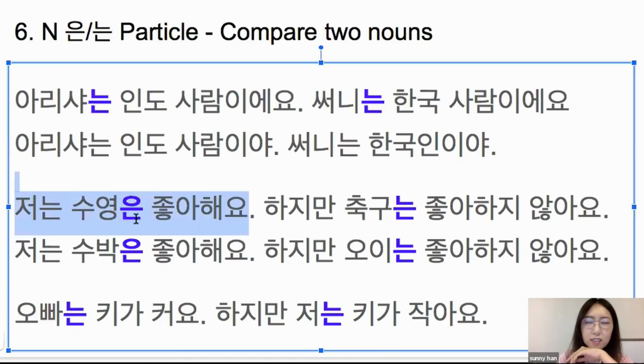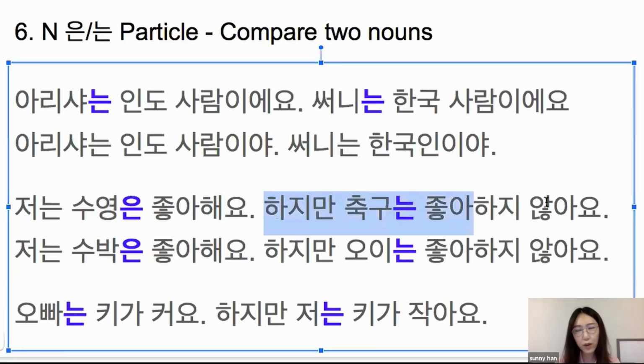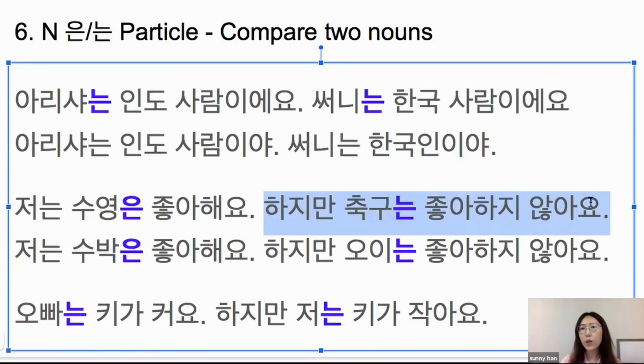Because I use 은. 저는 수영은 좋아해요. 하지만 축구는 좋아하지 않아요. Don't like. 하지만 축구는 좋아하지 않아요. 저는 수영은 좋아해요. 하지만 축구는 좋아하지 않아요.